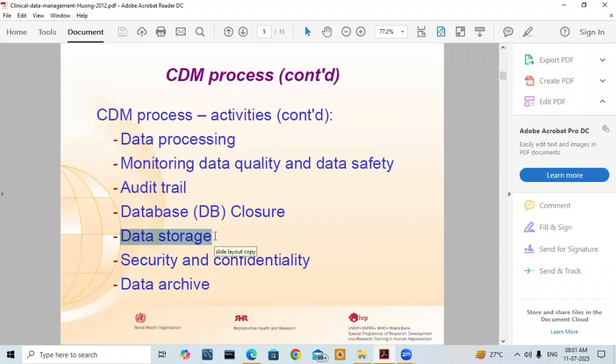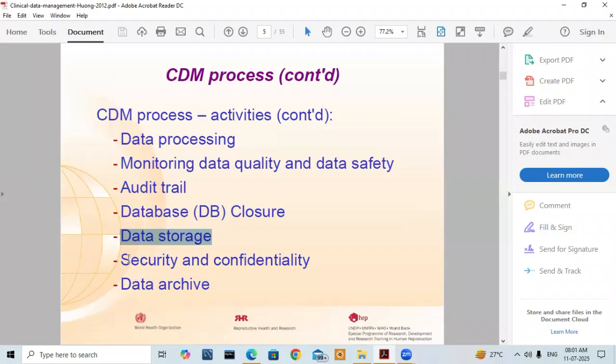So we want to store the data securely on some storage devices. What are the storage devices here? CD, DVD, USB. Nowadays we have external hard disks, 1 TB, 2 TB, like that. We have very big hard disks where the data can be stored permanently and securely.